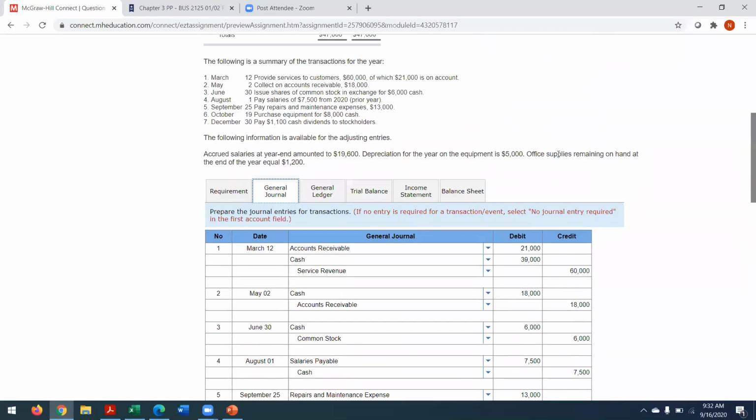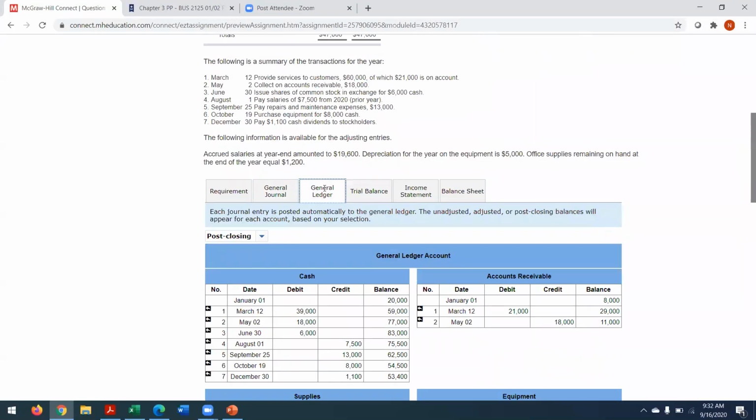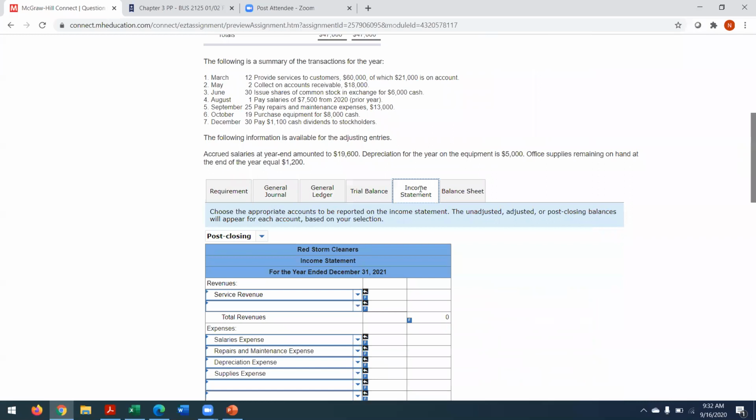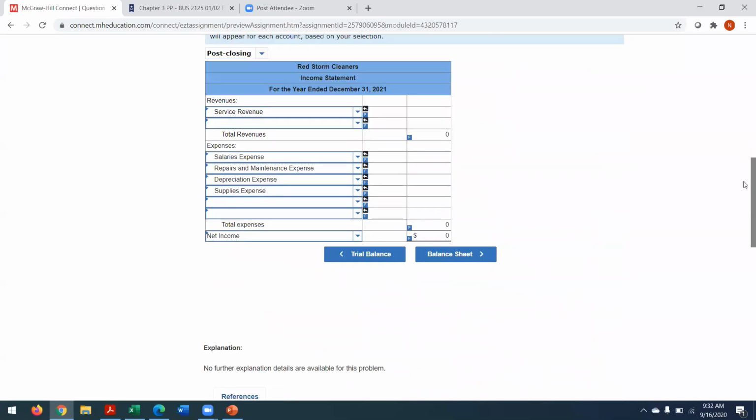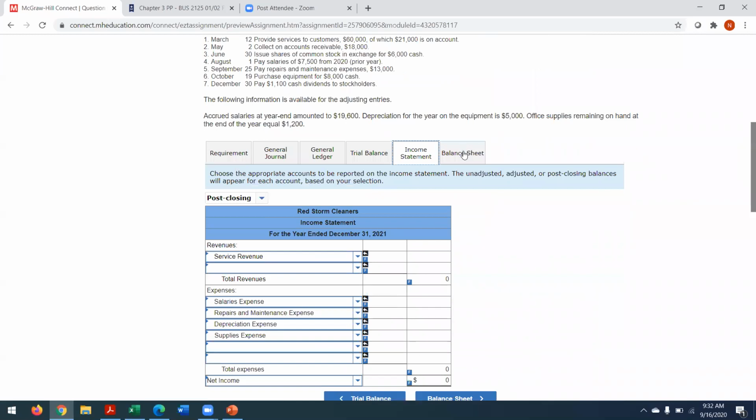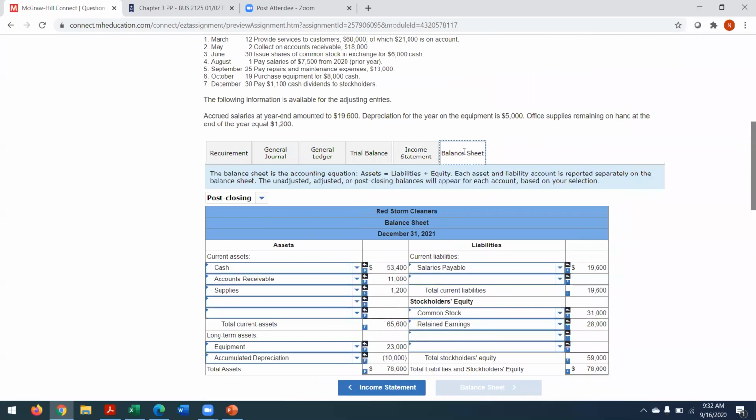But from this general ledger, we would then have the trial balance you need to then create the income statement, and your balance sheet.